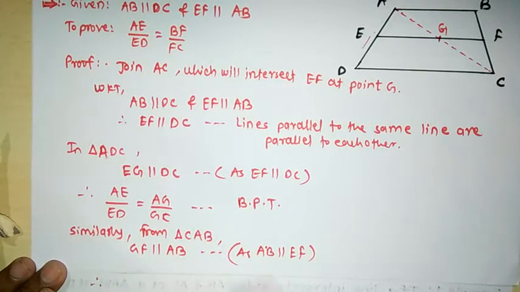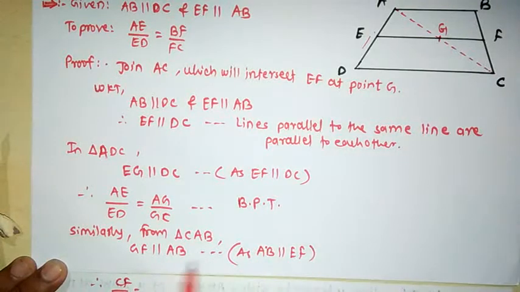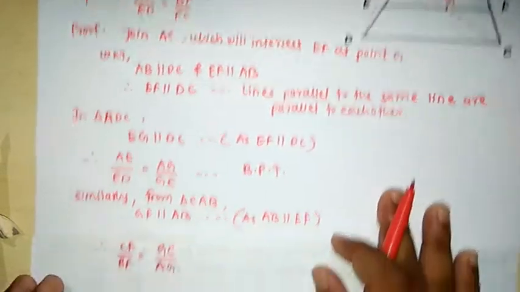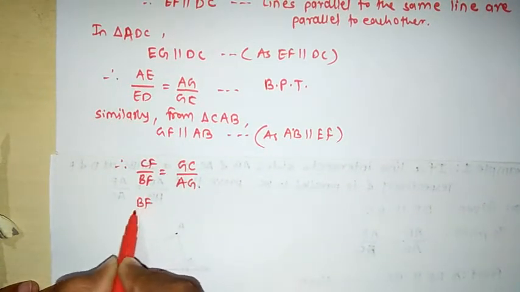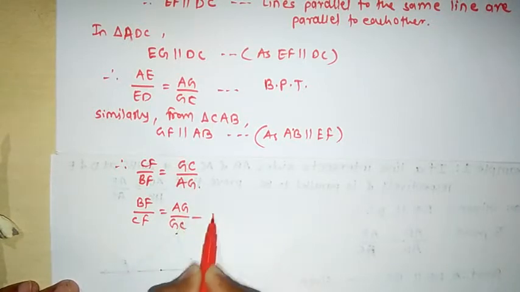Therefore if GF is parallel to AB, can we apply BPT here? That is CF divided by BF is equal to GC divided by AG. GC divided by AG we got here. Now write a reciprocal of it. इसका reciprocal कर दो अभी. What is the reciprocal here? BF divided by CF is equal to AG divided by GC. It is a reciprocal.